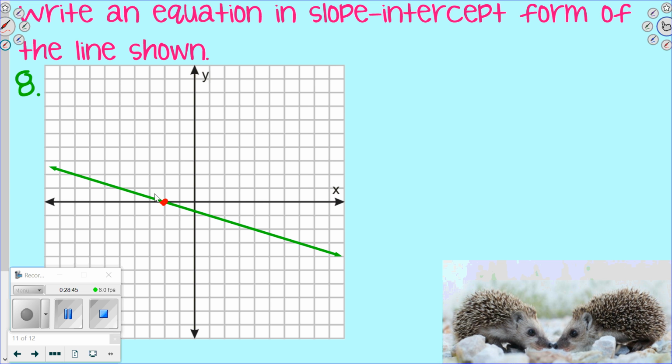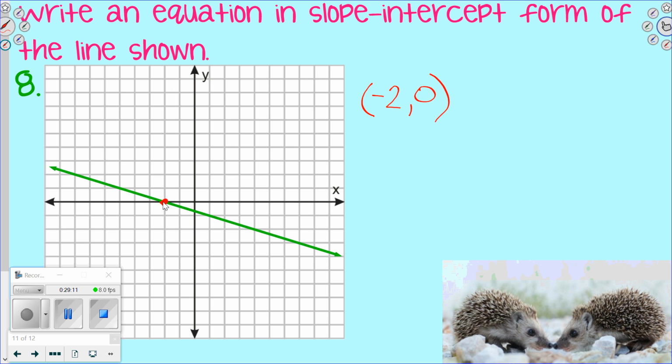When you're naming a point, which direction do you go first? The x, the left or right. Think about it, I have to get on an elevator before I can go up and down. So you have to move left and right first. So that point is actually located at negative 2, and then it did not go up or down at all. Okay?